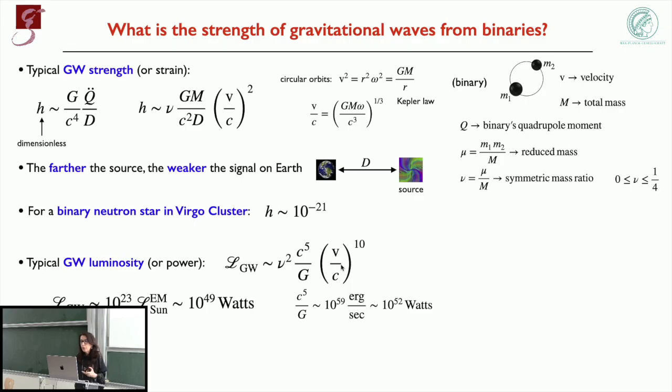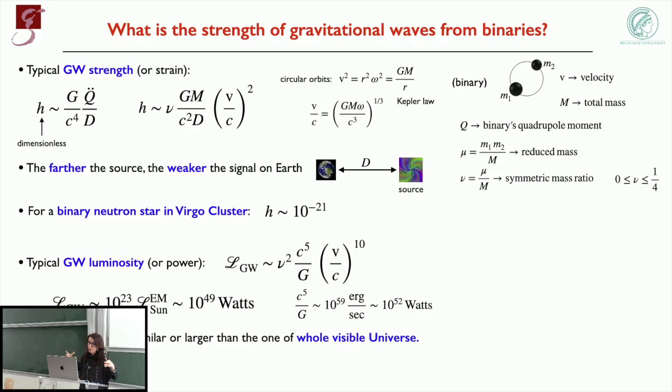So this also tells you that in order to have a very large energy flux of power, you need to bring these objects to very high speed. And you can do it only if the objects are compact, like black holes and neutron stars. If you have two normal stars, like our sun, you will not be able to bring them to very high velocity because they are just going to be disrupted. Okay? Now, this energy is very large.